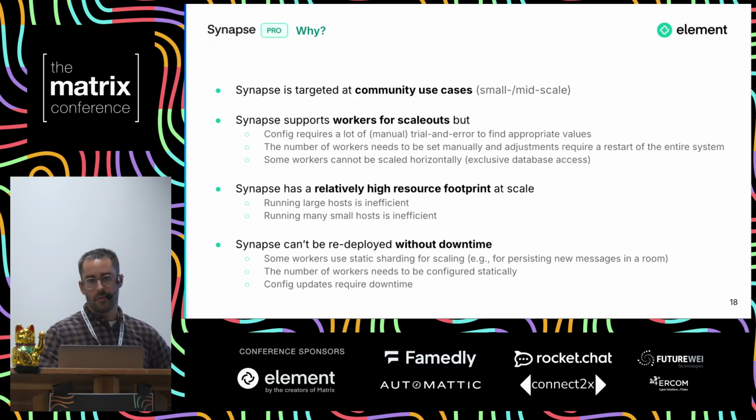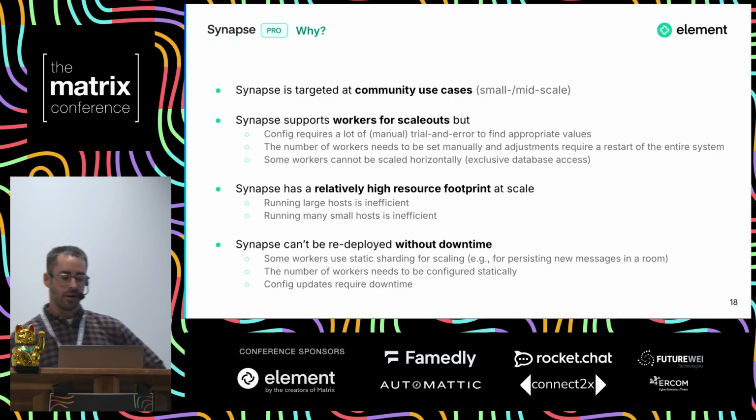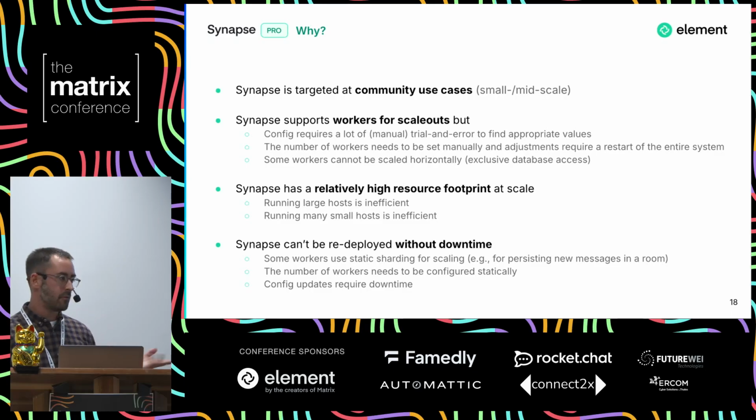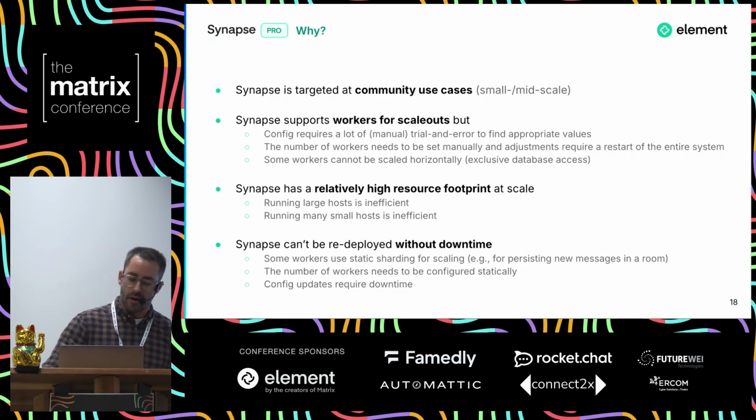It's not very well suited for Kubernetes environments and for modern deployment environments. It also has a relatively high resource footprint at scale. When we say at scale, we mean both running individual large deployments, like for instance matrix.org, which is inefficient, but also running many small hosts is inefficient in a way that it uses a lot of resources, and bottom line is it costs a lot of money.